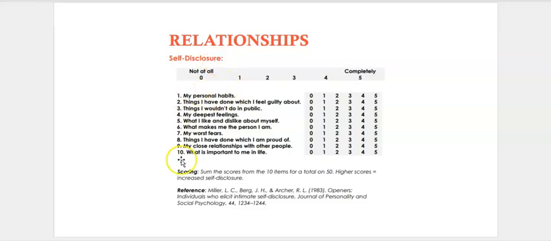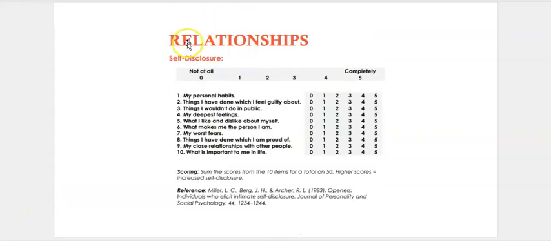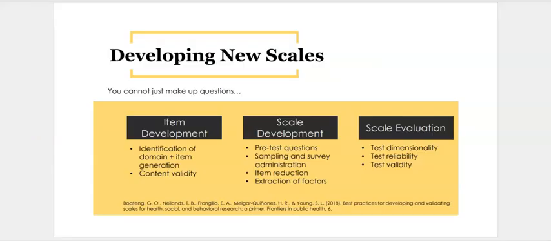Self-disclosure has 10 questions that will bring you the answers about self-disclosure. Another subscale is relationship satisfaction, which has 7 questions. So these variables will bring you the phenomenon of relationship satisfaction, and then you can proceed to understand the relationships with these subscales.